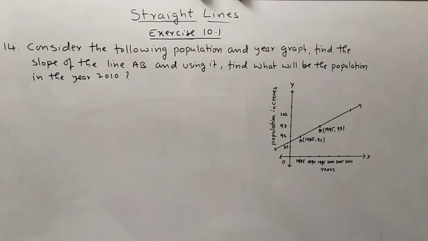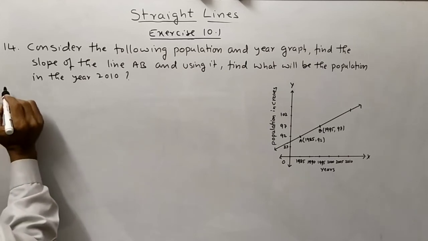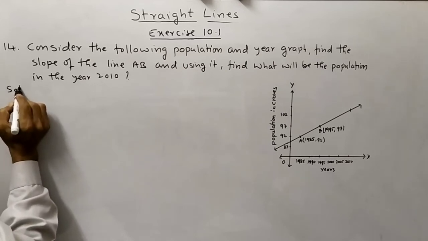Question number 14. Consider the following population and year graph. Find the slope of the line AB and using it find what will be the population in the year 2010. Solution.